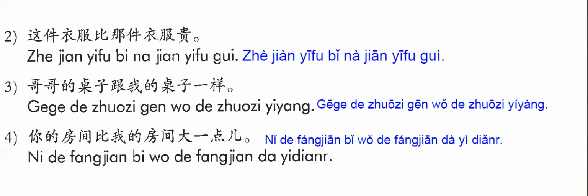Number 3, 哥哥的桌子跟我的桌子一样. My older brother's desk or table compared to mine is the same, equal, okay? And 你的房间比我的房间大一点儿. Your room compared to my room is a little bit bigger.